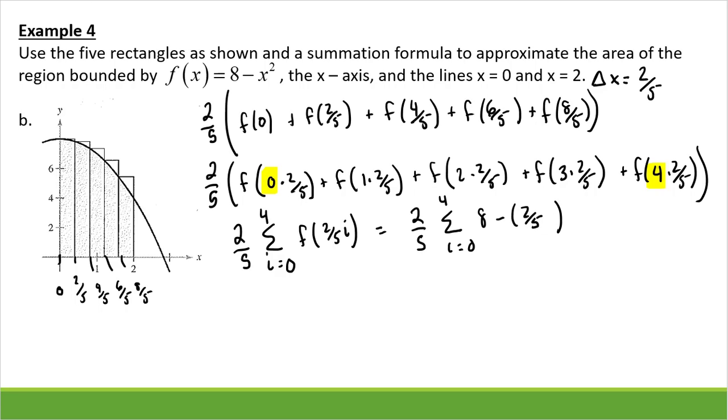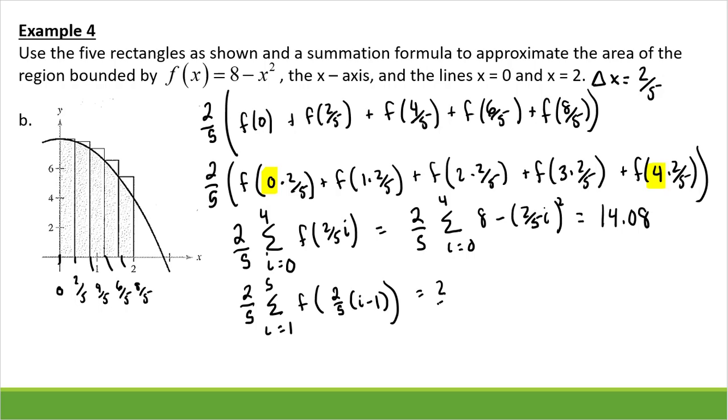Another way to write this, if you want to start at 1, and I'm going to be doing that for something we do here in a minute, you'd write 2/5 times i minus 1. I think that's a little bit more complicated, because then I would get the summation from i = 1 to 5 of 8 minus, this whole thing is my x, so 2/5 (i minus 1) squared, and you should get 14.08.